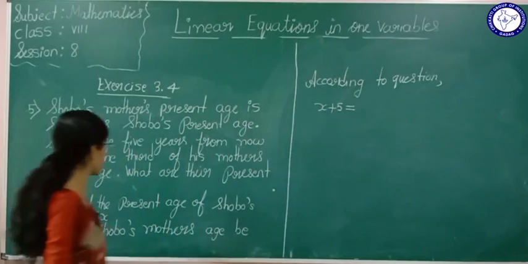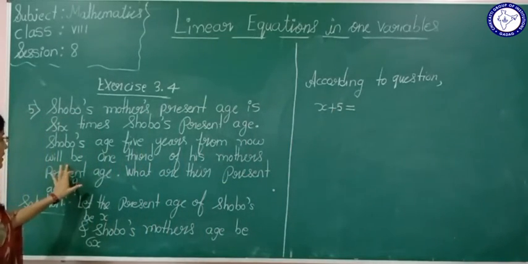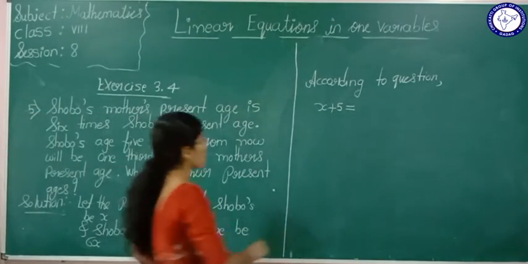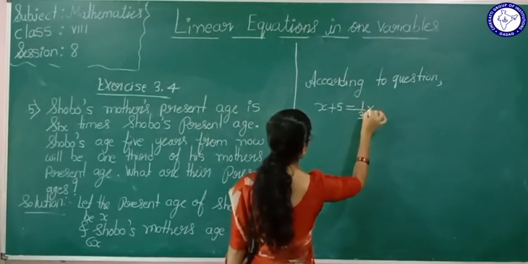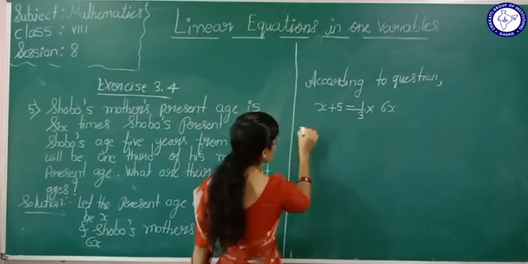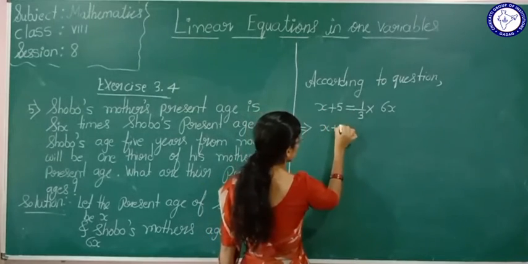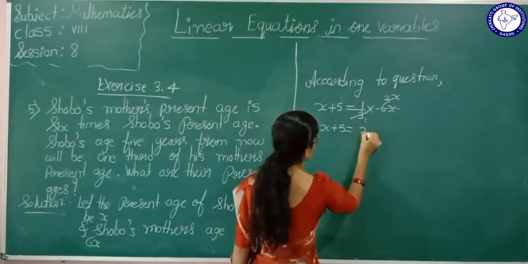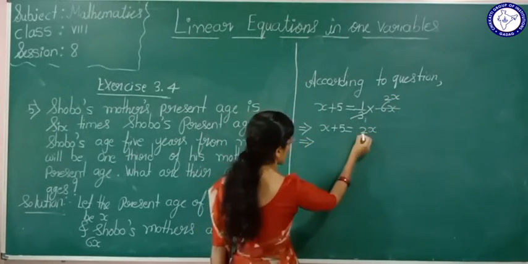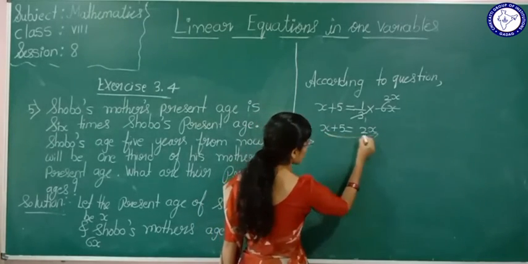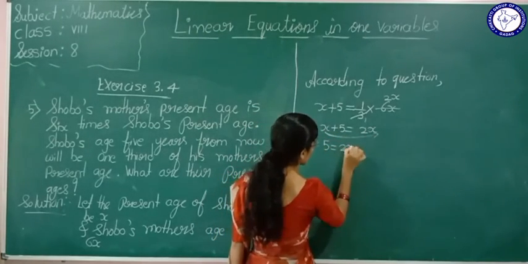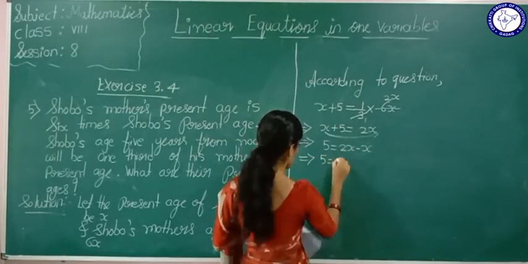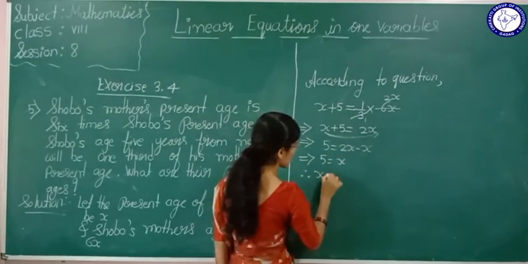It will be 1/3 of his mother's present age, that is 1/3 times 6x. Now simplify. x plus 5 is equal to 2x. Taking the variable on one side, 5 is equal to 2x minus x, so 5 is equal to x. Therefore x is equal to 5.